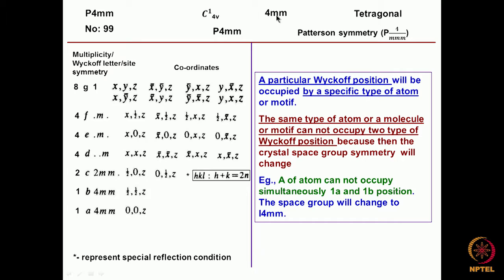It becomes I 4 mm, right? So it becomes a body centered tetragonal. So the symmetry changes. So for each of the special positions or the general position, only a specific type of atom can be kept, correct?